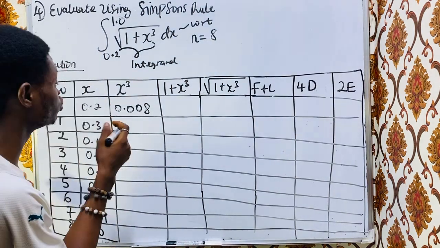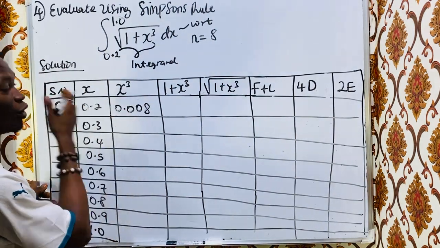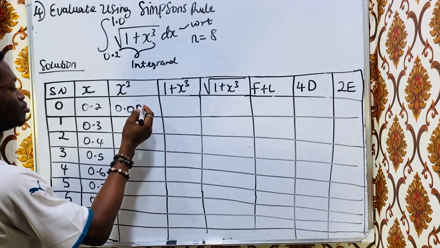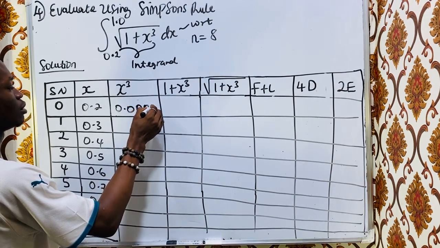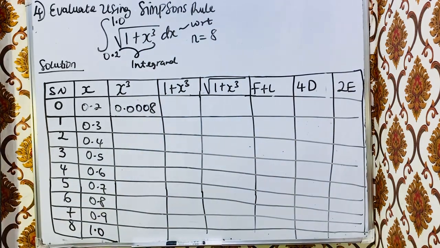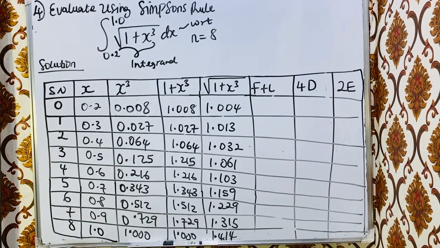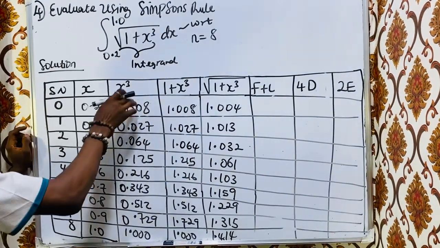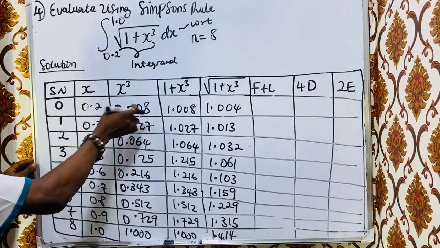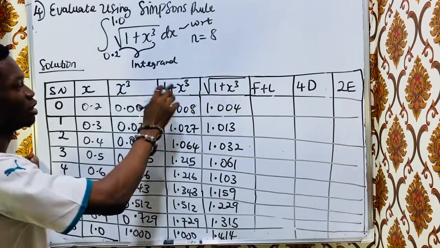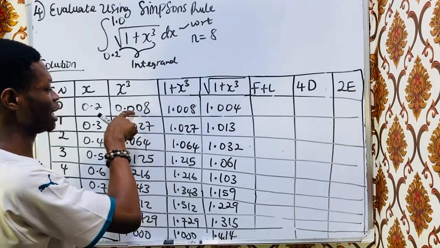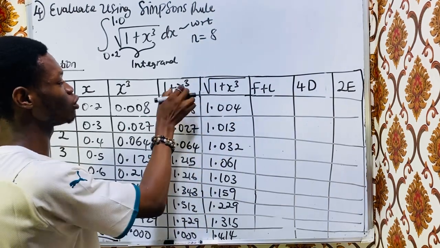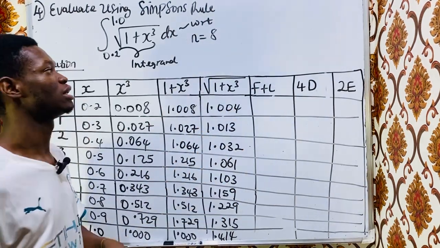So that it will be 4 dp, you just add another 0, put it like this. Sorry, it's already in 4 dp. So this is our x cubed value. Just put this x here, raise it to the power of 3, you get all this. Then use this value you get here, add 1 to it. That's how you change to this one. Then the square root of this value will give you all these things.